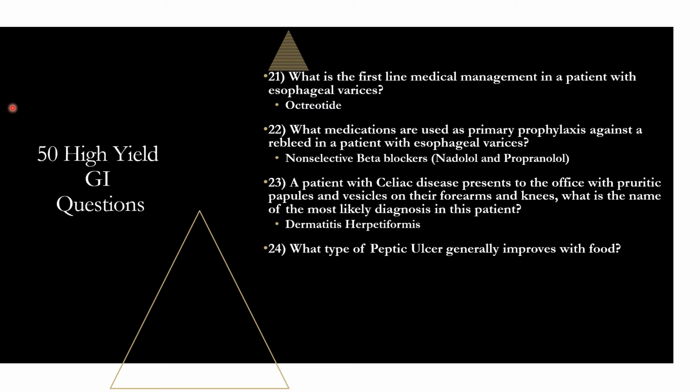Question 24, what type of peptic ulcer generally improves with meals or food? It's going to be duodenal ulcers. So the ulcer is in the duodenum, past the stomach. The way you need to think about this, and why sometimes you can work things out in your head, is patient eats, food goes into the stomach.